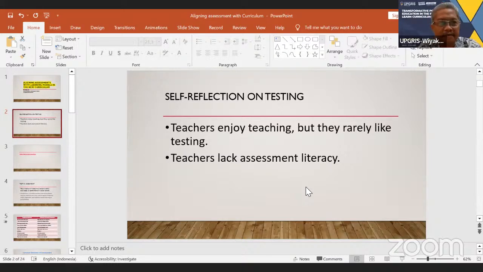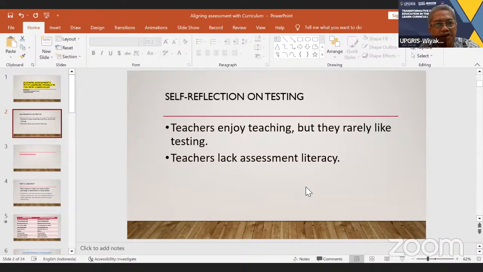Yeah, the second claim is that teachers lack assessment literacy. Our knowledge, our perception, our experience in assessment indeed will affect the practice of teaching in the classroom.